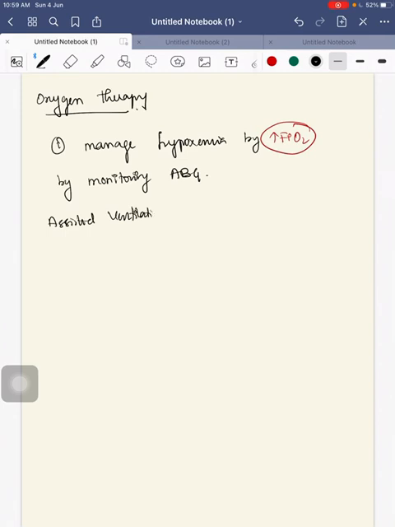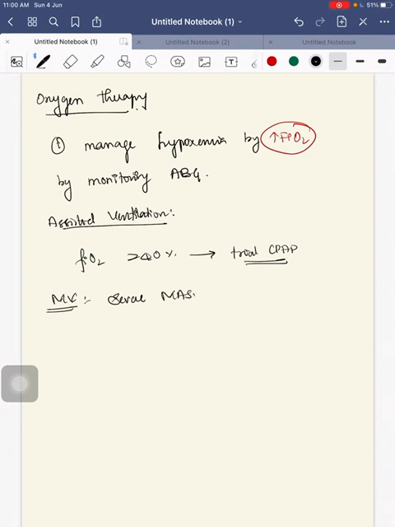You can use CPAP in these infants if FiO2 requirement is more than 40%. So if FiO2 requirement is more than 40%, you can give a trial of CPAP, but you should be careful in giving CPAP because it can also cause the adverse effect of air leak. Then mechanical ventilation is used in the baby with severe meconium aspiration syndrome with gas exchange abnormalities.